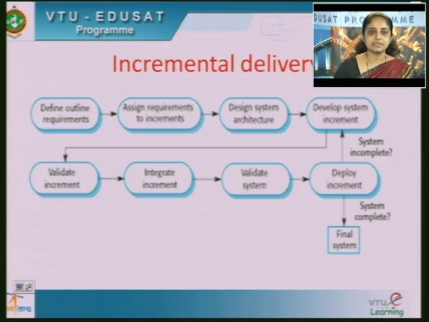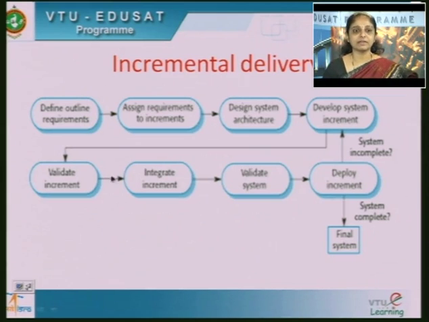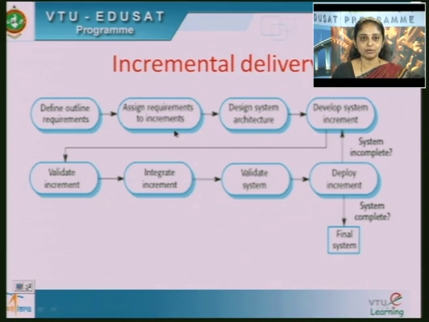Then this is the architecture of your incremental delivery that we just discussed. So, wherein you first outline the requirements, then you assign these requirements to increments. This is what I told you, prioritize the increments and then assign the requirements to the increments. Then you design the system architecture based on the increments and develop that increment.